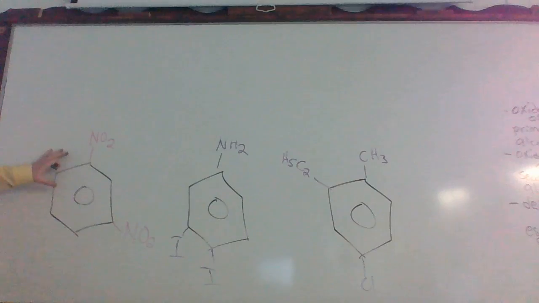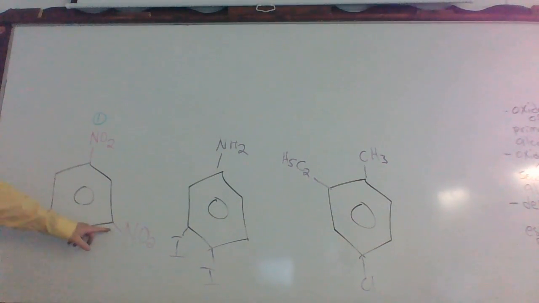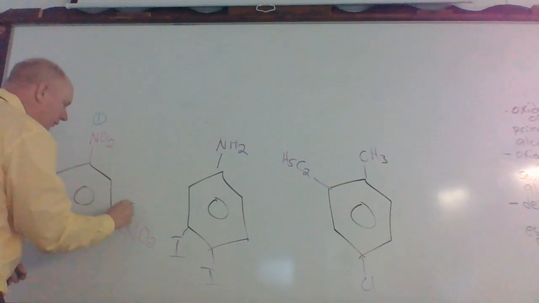Yeah, on the top. So right away, we know that that one's number one. Okay? So then, where is the second nitro group? It's on the third one. Obviously, we wouldn't go counterclockwise because then you would get 5. So this one's number 3.